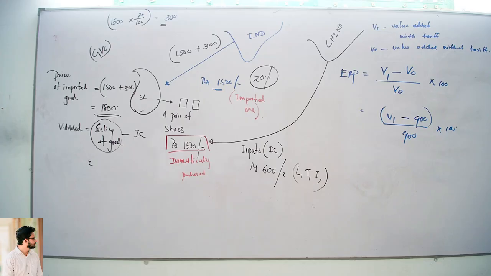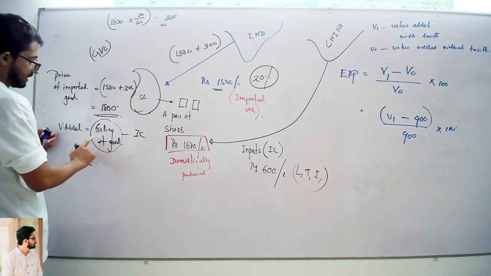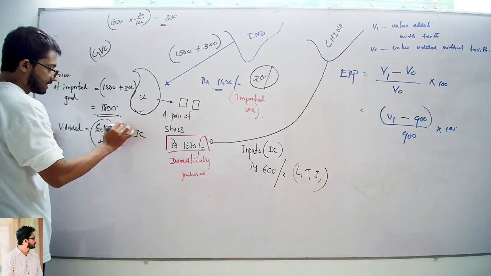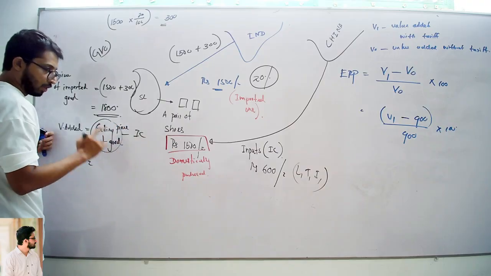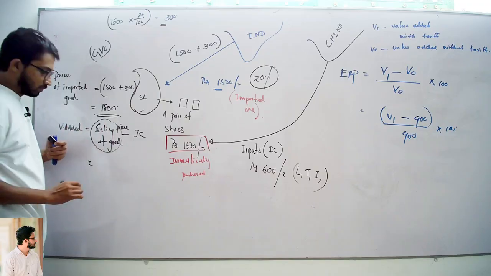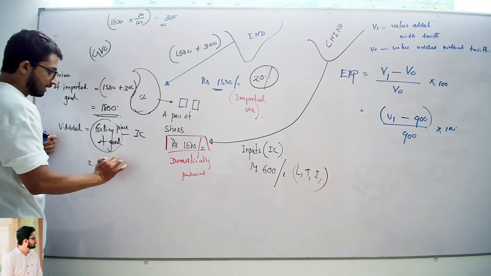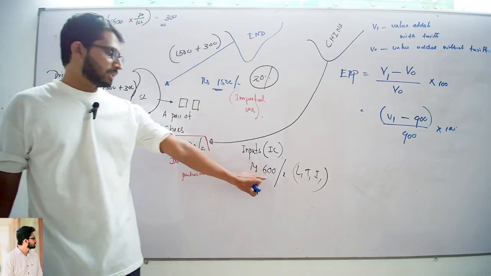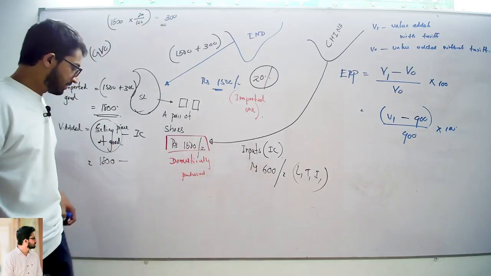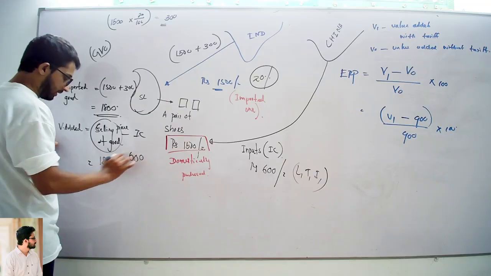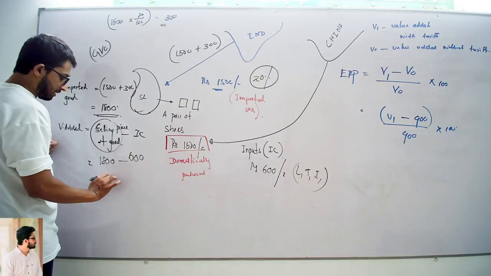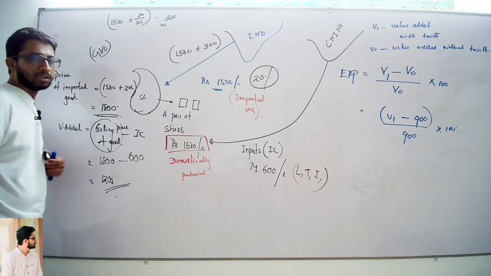$1,800. Okay. Selling price of the domestically produced good is 1,800, minus intermediate consumption 600. Now the value addition is 1,200.